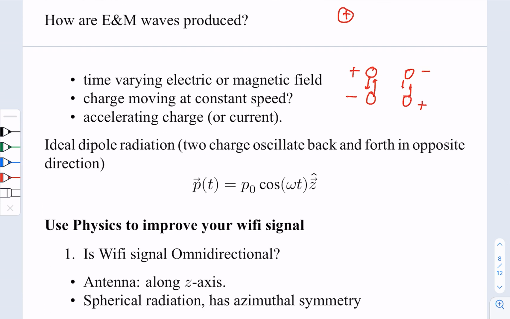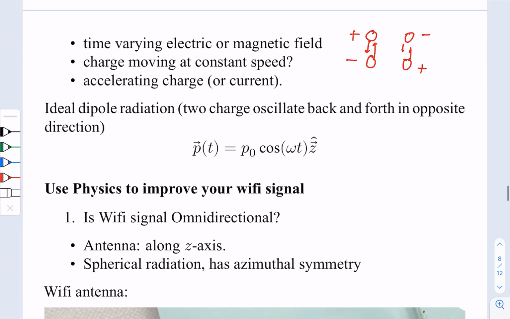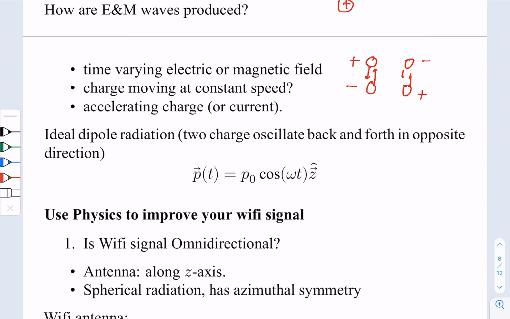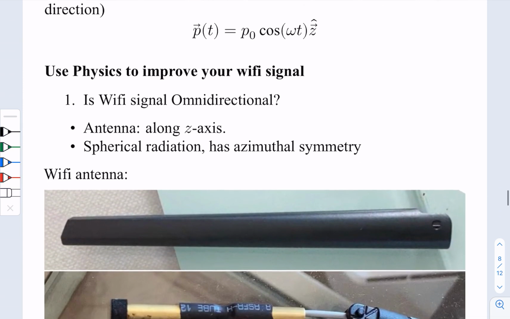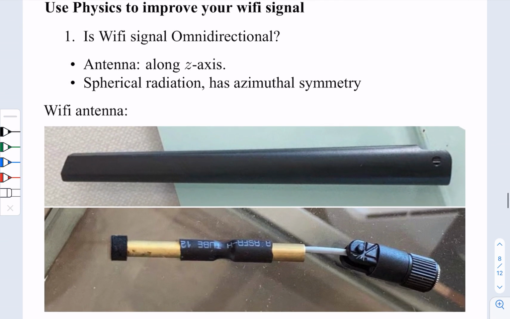But I'll actually claim that the most familiar waves are produced by this kind of dipole antenna. So the Wi-Fi that you use is produced by this kind of dipole oscillation. Even though it's not ideal, if you take one of your Wi-Fi antennas and strip it down, take off the plastic cover, you can see that inside there are two metals.